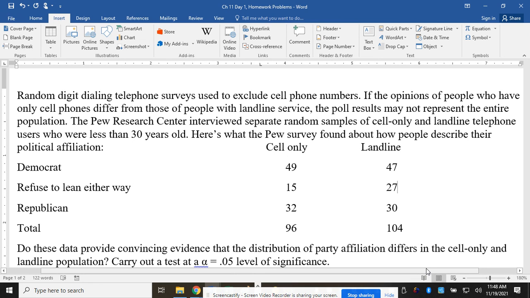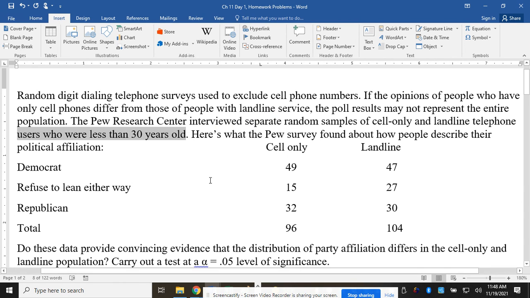Who did we interview? Who are our individuals? Who are less than 30 years old. So our population is phone users who are less than 30.